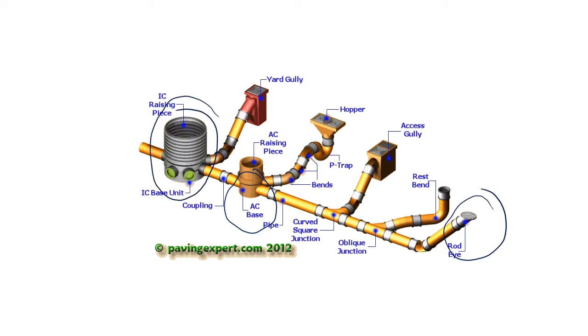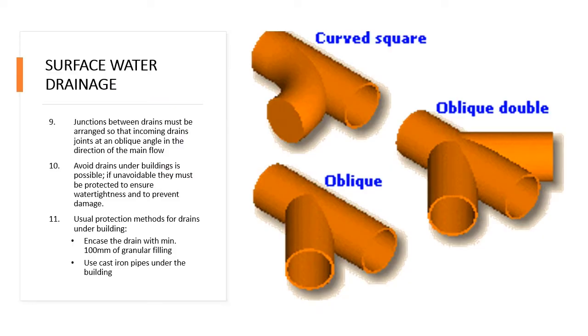This is designed to grant access for inspection and for maintenance. Junction between drains must be arranged so that the incoming drains join at the oblique angle in the direction of the main flow. Which means that kalau ada sambungan dekat oblique ni lah yang akan berjumpa dengan main flow.